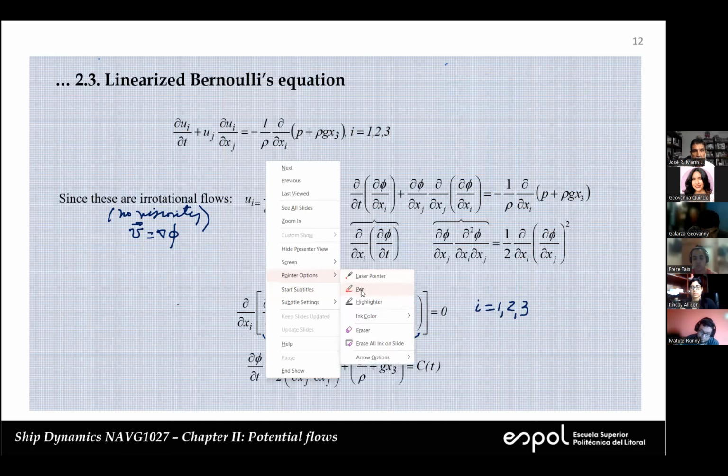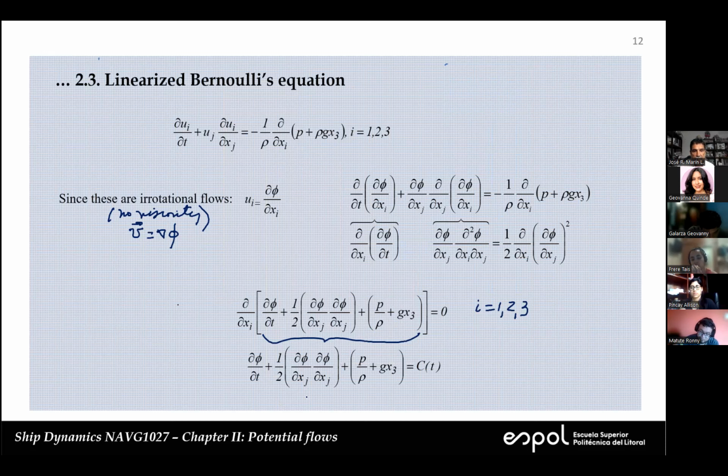And here you can recognize that this is velocity squared, okay? And this is the way usually you write it when you were in high school. This is the velocity. This is high school. The pressure, you have rho gz, and you have 1/2 of the velocity squared.